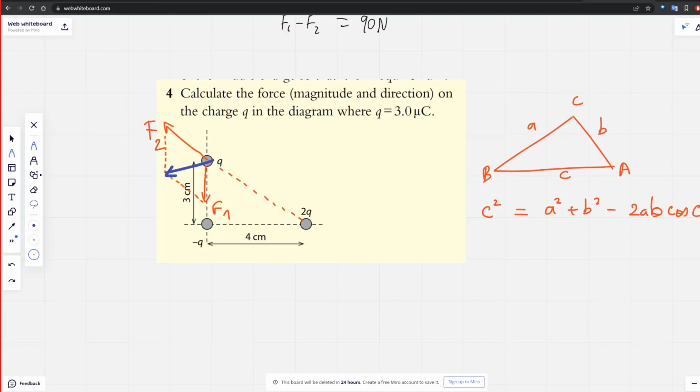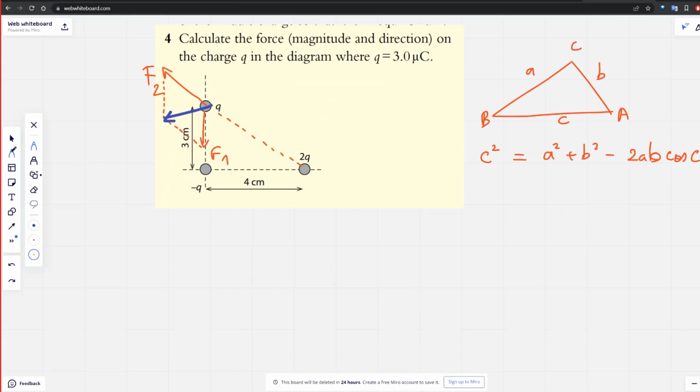Let me draw the diagram below. Okay, you have F1 here and F2. So we can consider this bottom triangle, and we know the two sides.